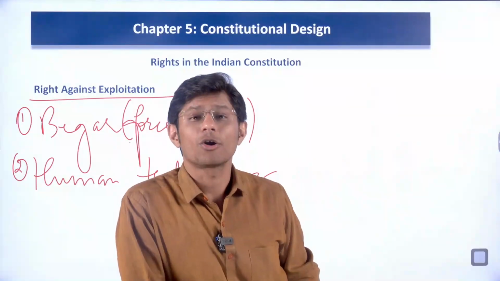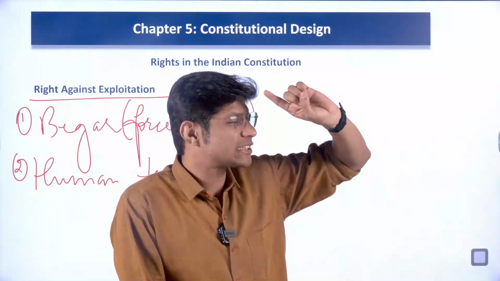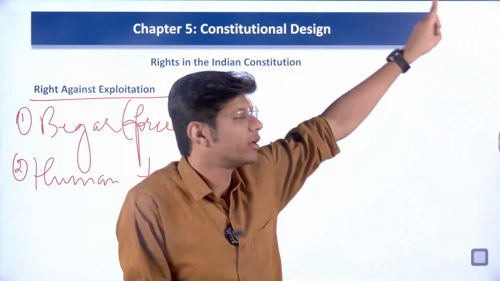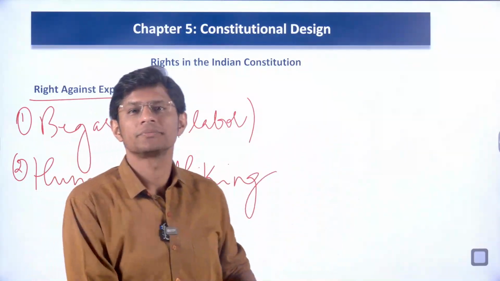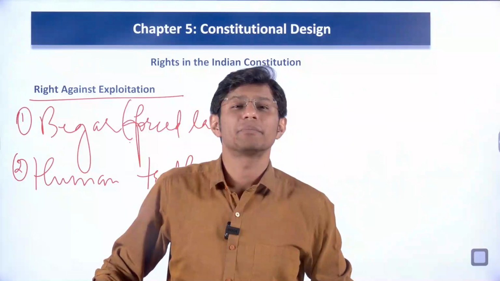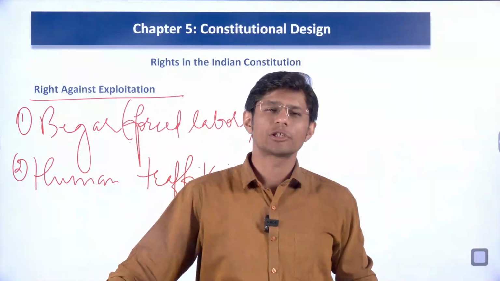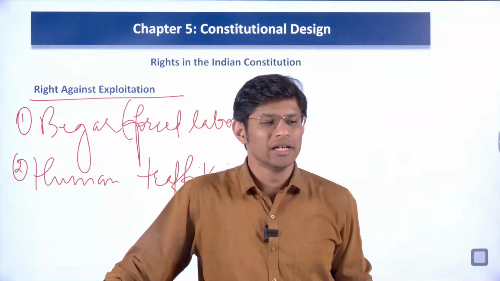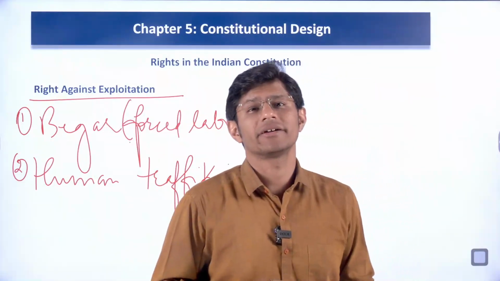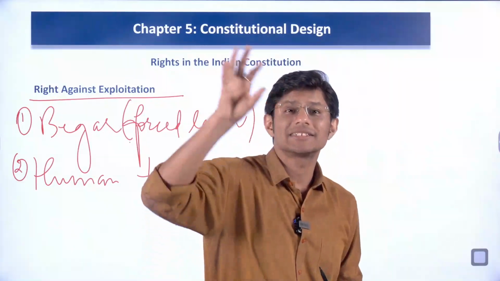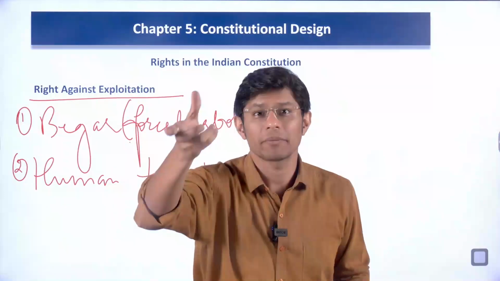That's the reason the constitution has explicitly prohibited human trafficking and forced labor. It's a punishable offense. But unfortunately, even to this date, some form of forced labor is seen in our country, especially in the industries where bricks are made.